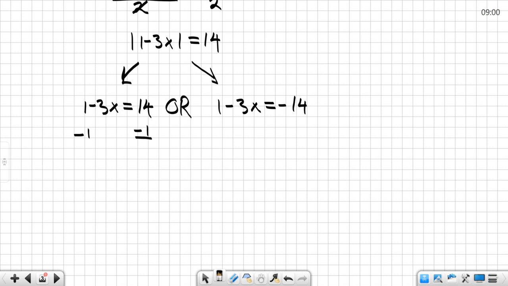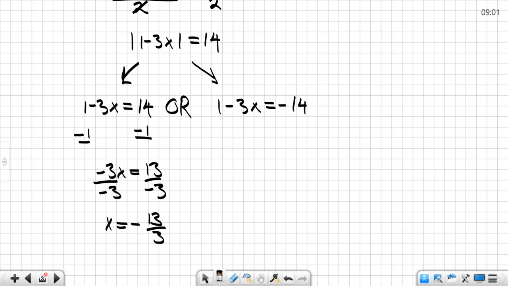Subtracting 1 from both sides, I'm getting negative 3x is equal to 14 minus 1, that is 13. And now I divide both sides by negative 3, and I get x is equal to 13 divided by negative 3, which is simply negative 13 thirds.